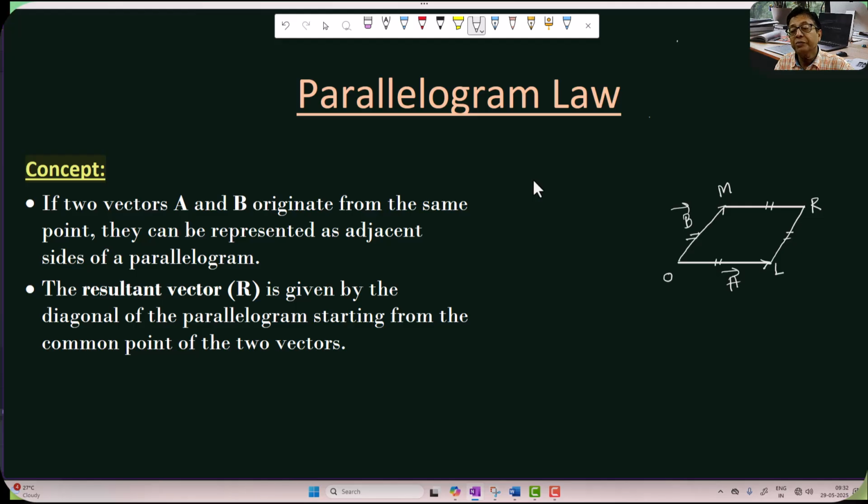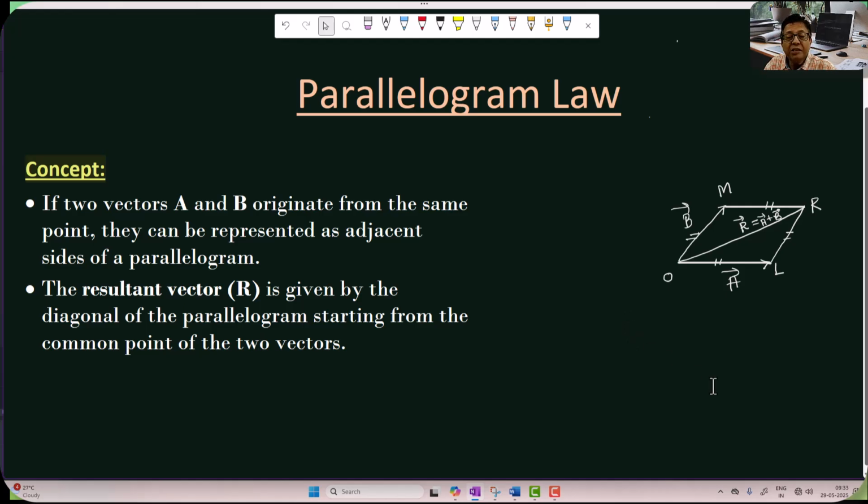These two also parallel and they have the same direction. Then the parallelogram law states that the diagonal of the parallelogram will represent the sum of the two vectors. That R is going to be A vector plus B vector.